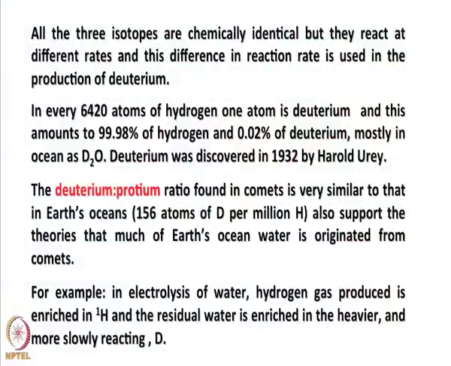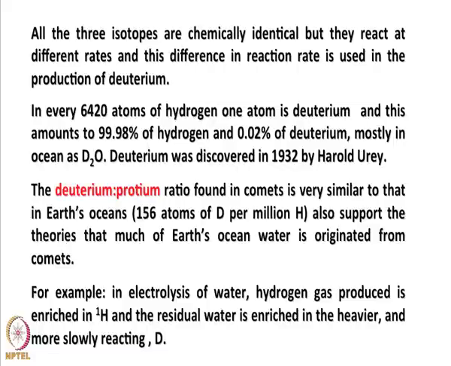So, if we just look into the amount of hydrogen that is present, 0.02% of deuterium is present, as I said, and 99.98% of hydrogen is present. That means for every 6,420 atoms of hydrogen, 1 atom is deuterium, or in other words, 156 atoms of deuterium are present per million hydrogen atoms.